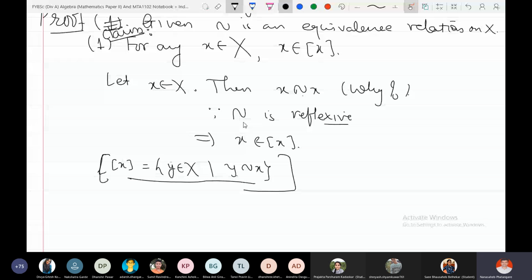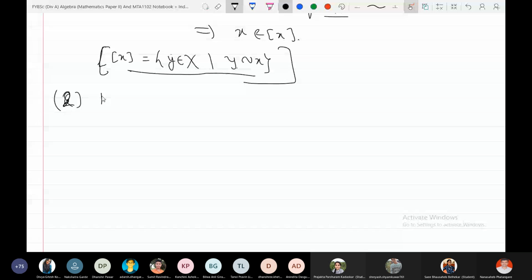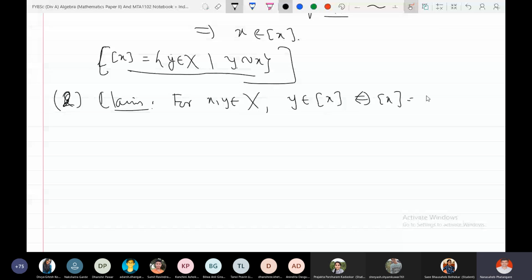Now, second point. So what is our claim? For x, y in set X, y is a member of the class of x if and only if their classes are the same. So this we want to prove.